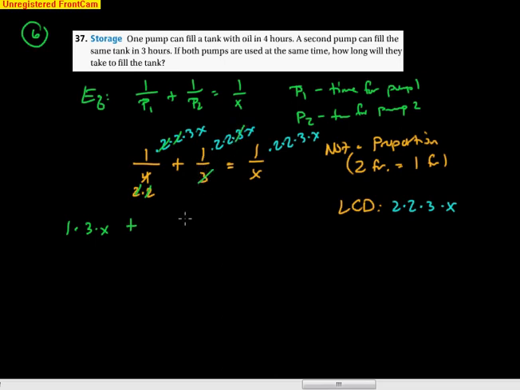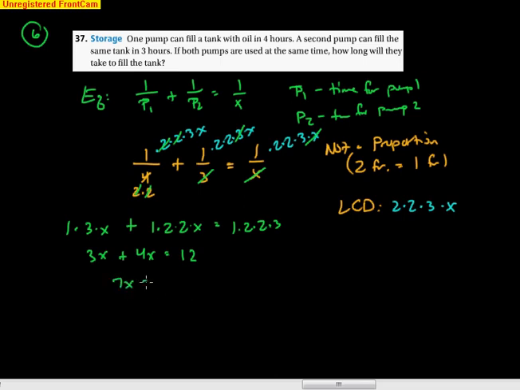My denominator is now gone. 1 times 2 times 2 times x equals, in the last fraction, the x is gone, and now my denominator is gone. 1 times 2 times 2 times 3. Simplify this. This is 3x + 4x = 4 times 3 is 12.